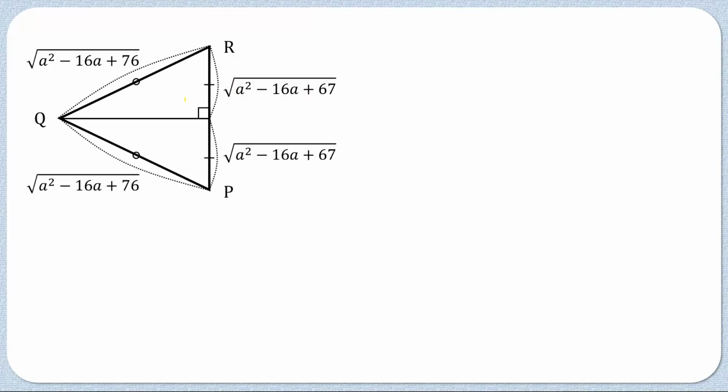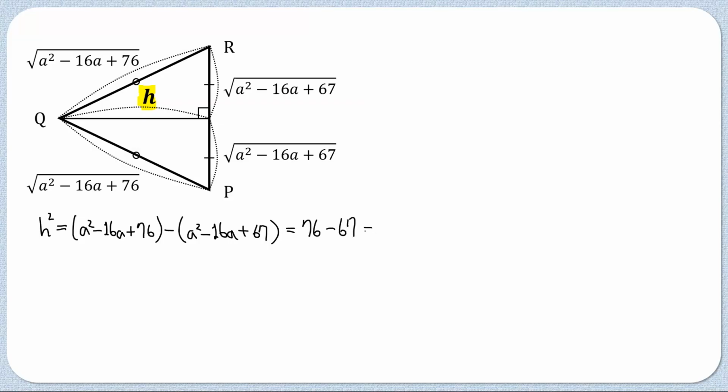To calculate the area of this triangle, let us find this height h. Notice that h squared is equal to A squared minus 16A plus 76 minus A squared minus 16A plus 67, which gives 76 minus 67, hence 9, which gives h equals 3.